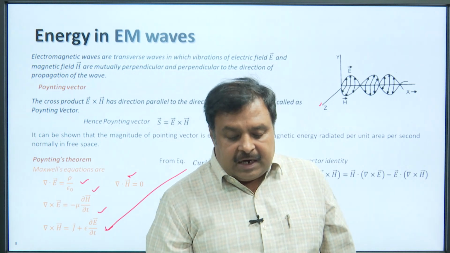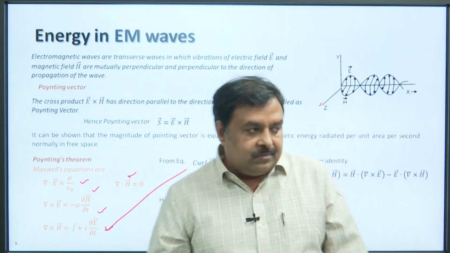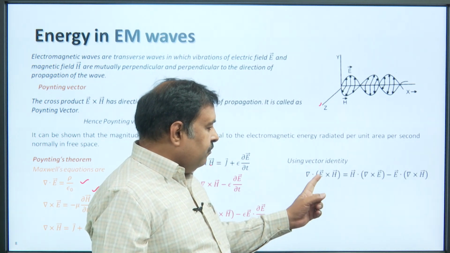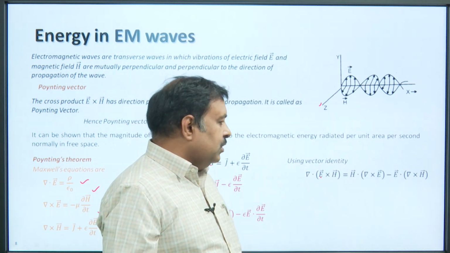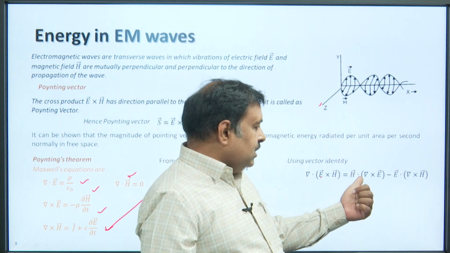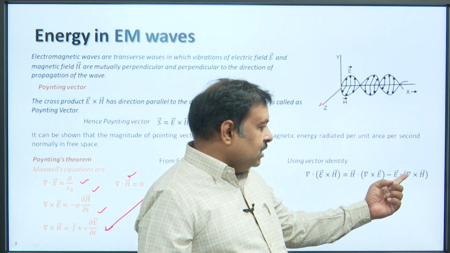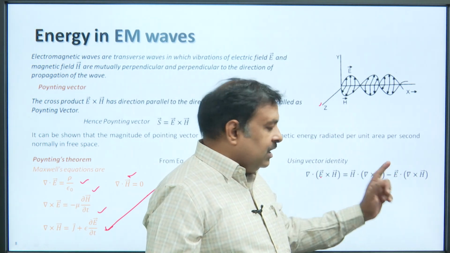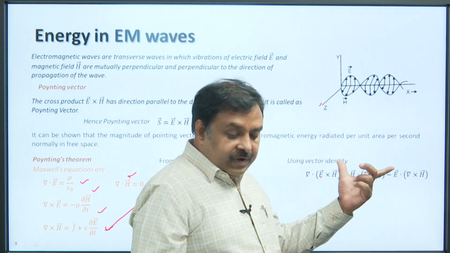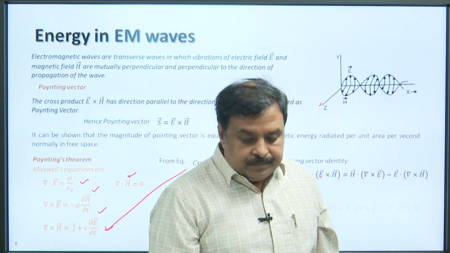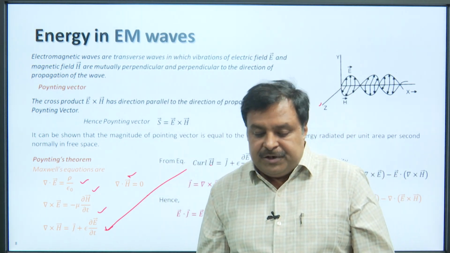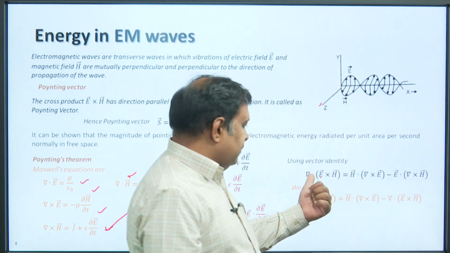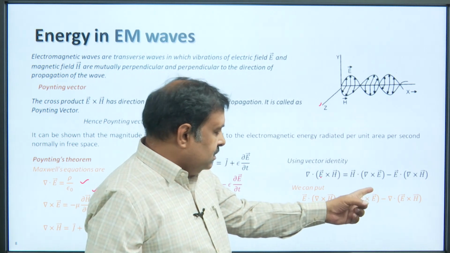Now, using this vector identity, divergence of E cross H is equal to H dot curl E minus E dot curl H. We will use this identity, and using this identity what we do? We substitute E dot del cross H from this vector identity.